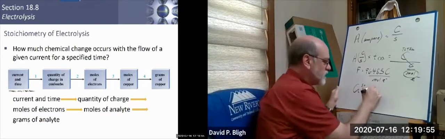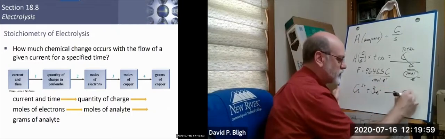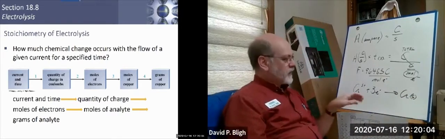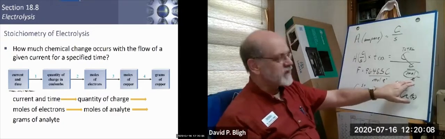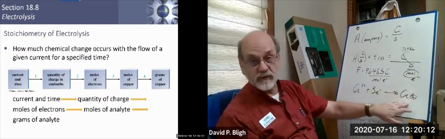Then you would need 3 electrons for each mole to produce chromium solid. Right? So there's your ratio, 3 to 1. So if you had 3,000 moles of electrons, you would get 1,000 moles of chromium.